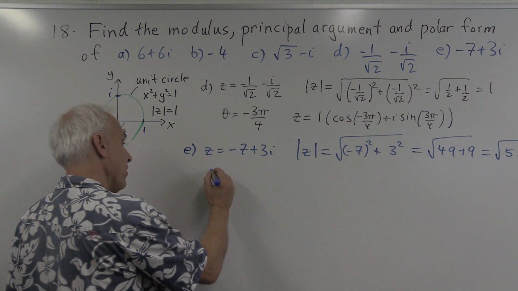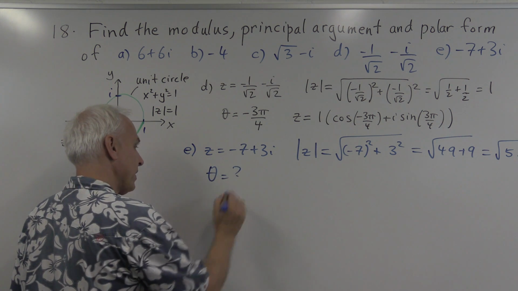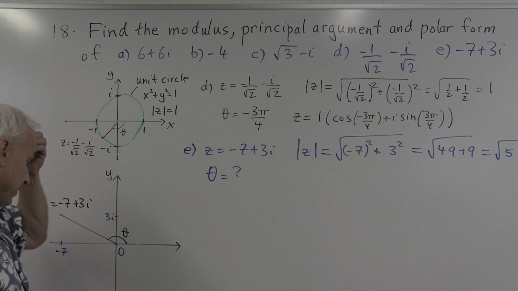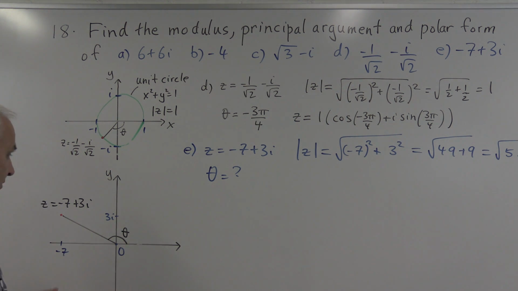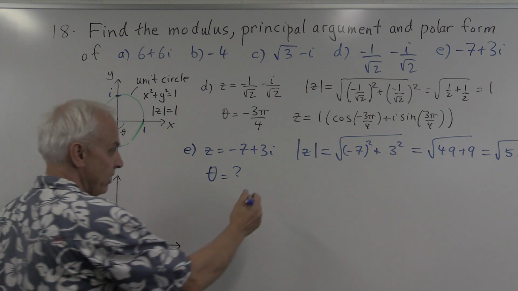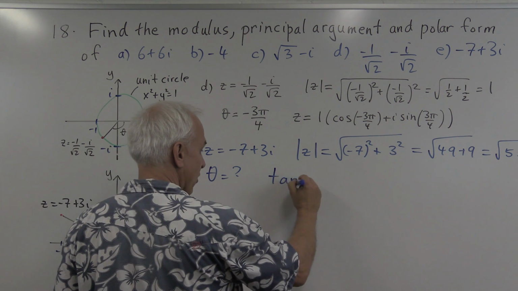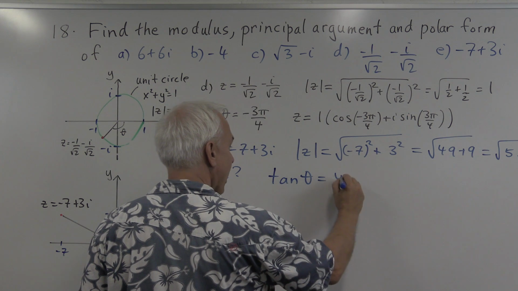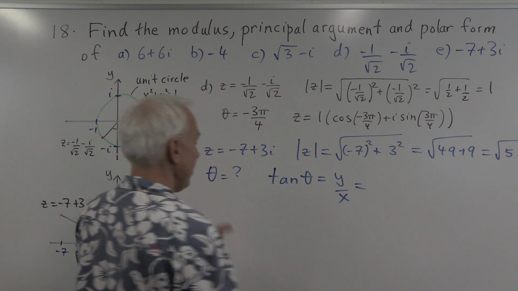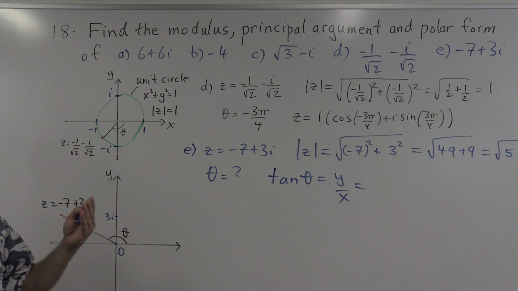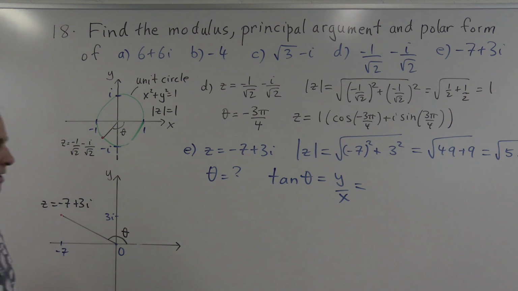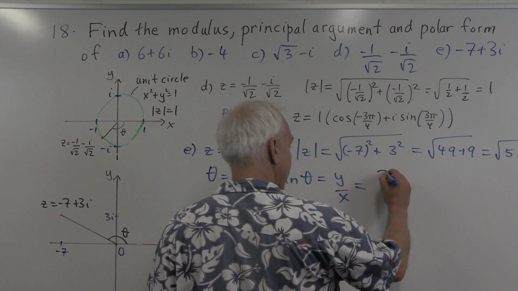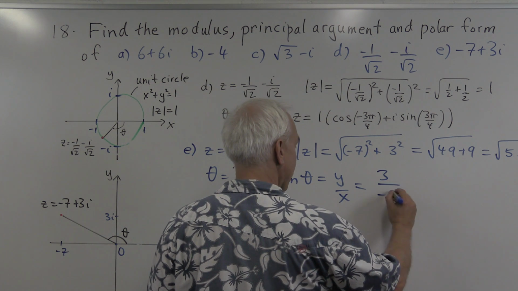Okay, what about the angle? Well, that's a little bit trickier. So how do we find the angle in general when we have a vector like this? Well, we know that the tan of the angle is y over x, the ratio between the y coordinate and the x coordinate. So in this case, y is 3 and x is minus 7.